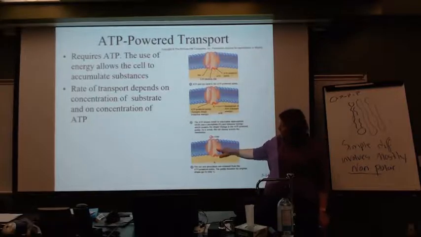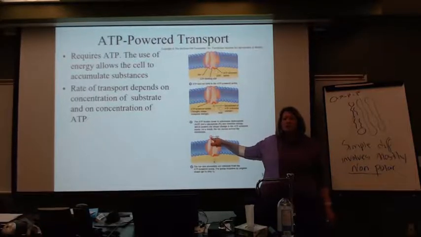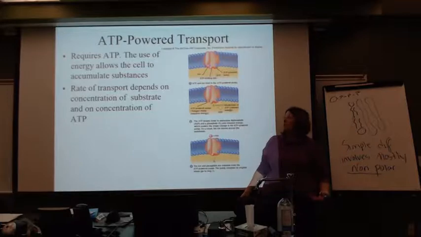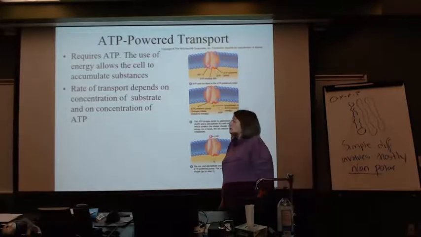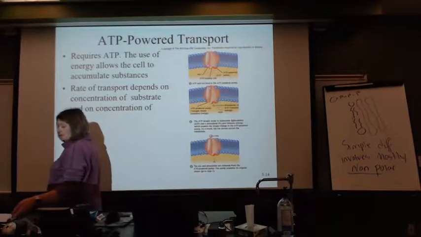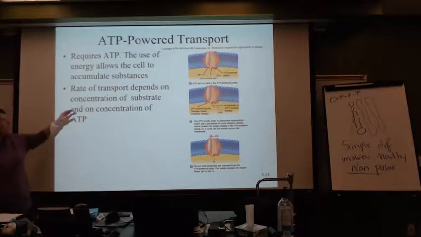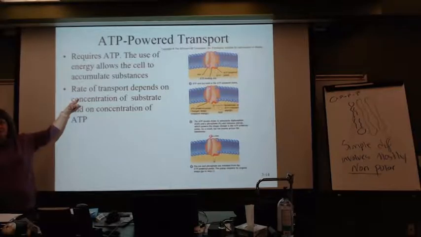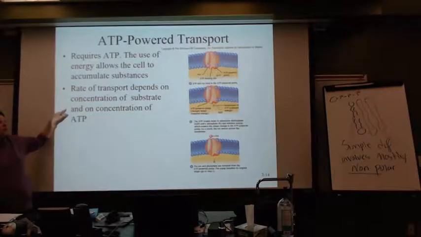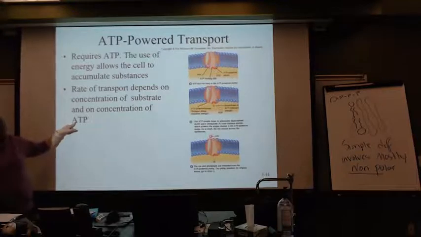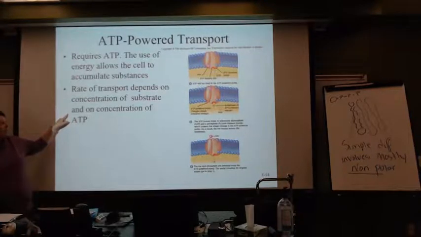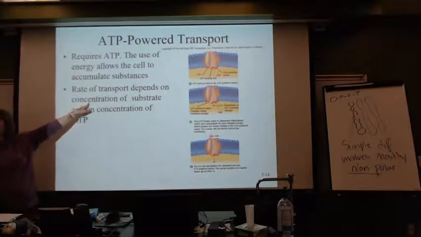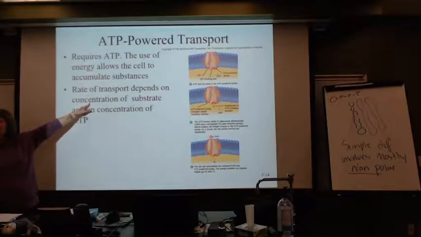When it does, it allows the movement of materials, the movement of the substances. We are dependent on how much energy is present and how much of the particle needs to move.